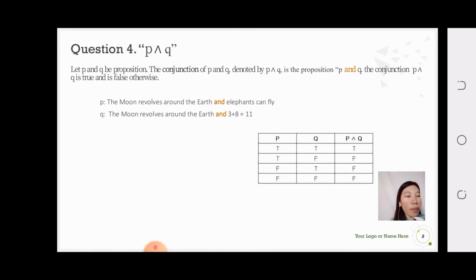So what follows is the opposite of the second column, and then the third column. Then, the result is false. And then, the last column is false, false. Automatically, the answer is false. Next.